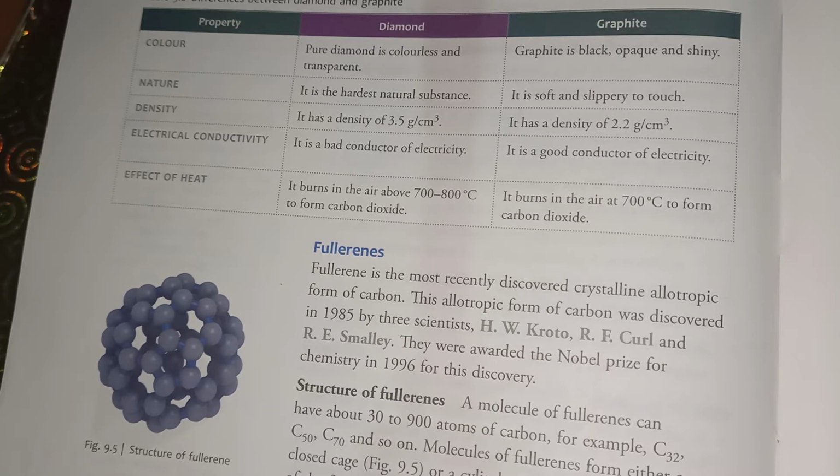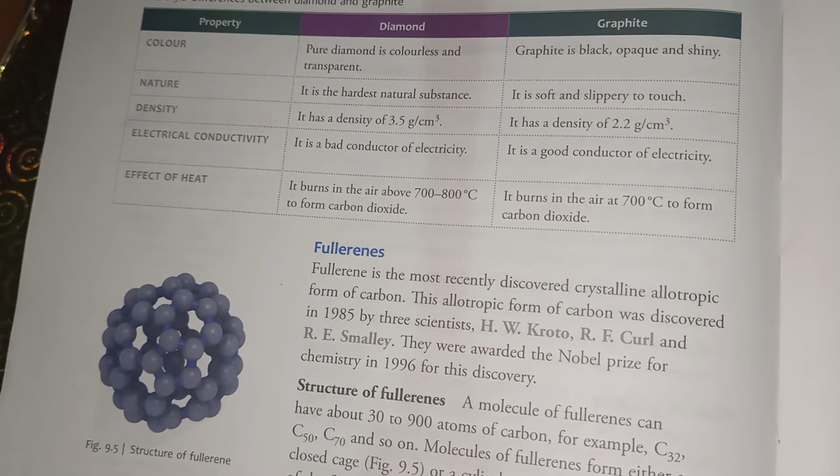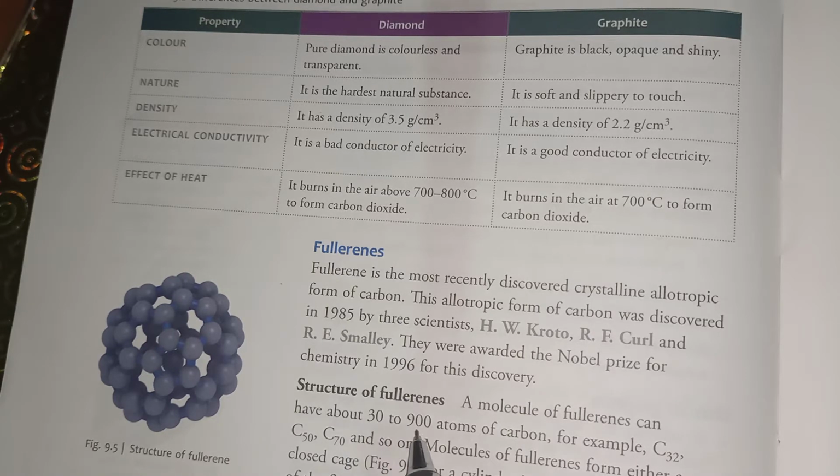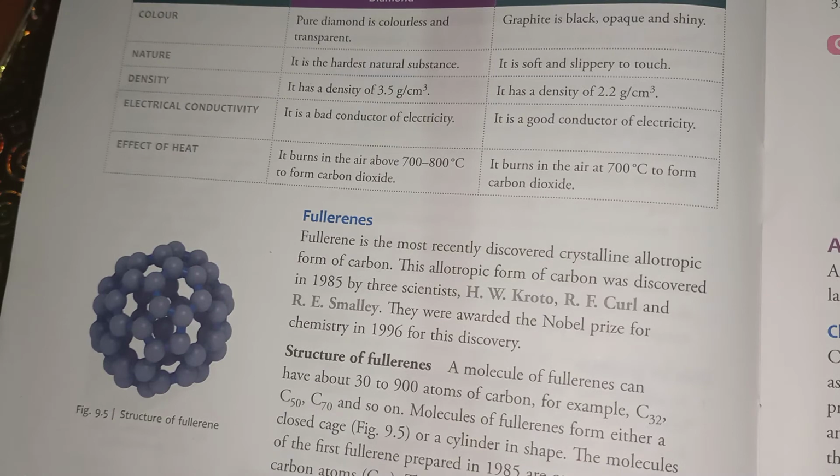Now, these fullerenes are a very important allotropic form of carbon, and their molecule can have about 30 to 900 atoms of carbon connected to each other by single and double bonds.